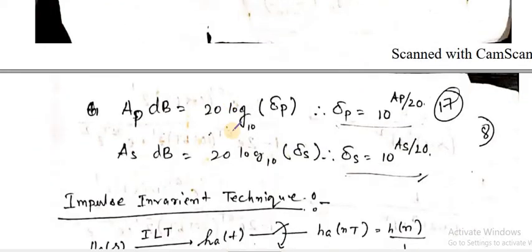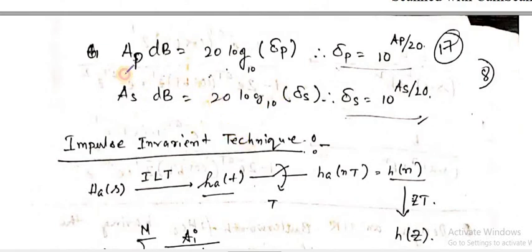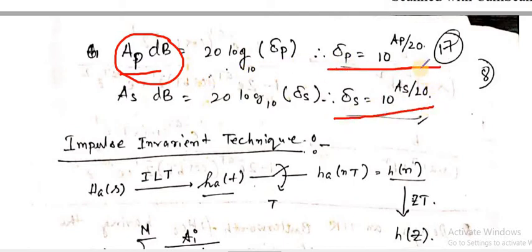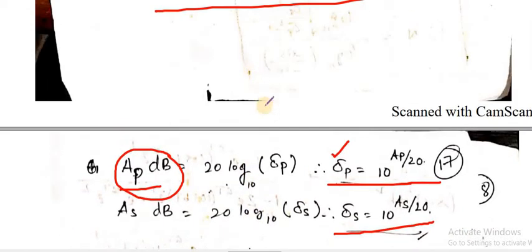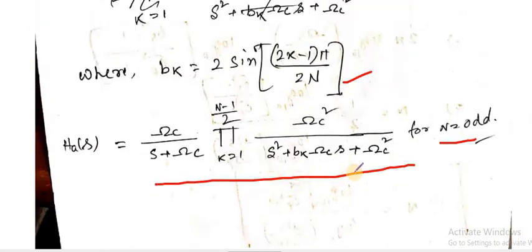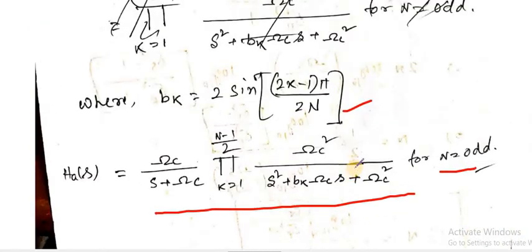One more important thing: in some given problems, the passband gain and stop band gain can be given in dB format. Then we have to convert into the linear domain. This is the simple formula: if the gain is given in dB, you use this formula to convert it, because we know that dB is 20 log of this. Just apply this formula and you can calculate the order of the filter.